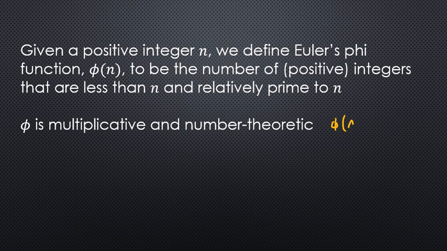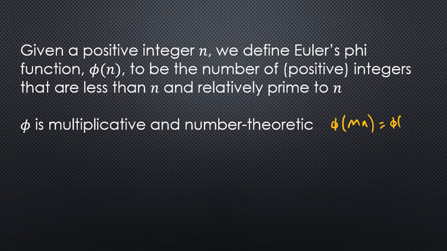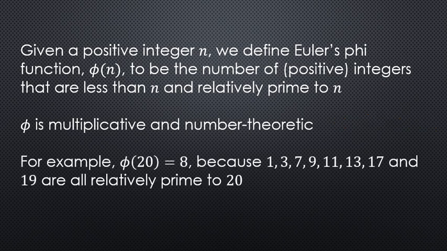Well, it's saying that phi of m times n equals phi of m times phi of n. So that is just what it means in the context of this particular function. Phi of mn equals phi of m times phi of n.